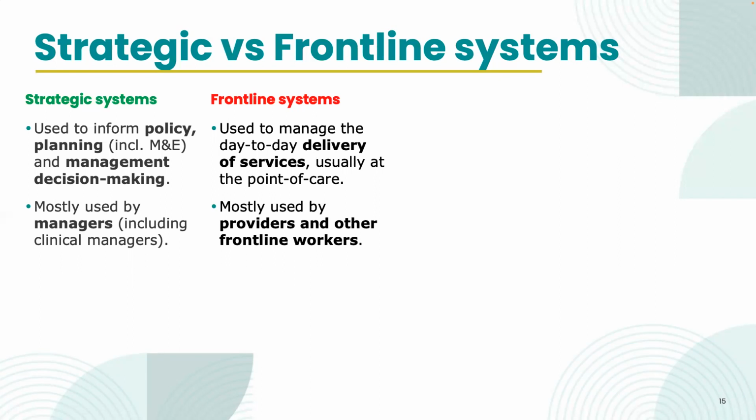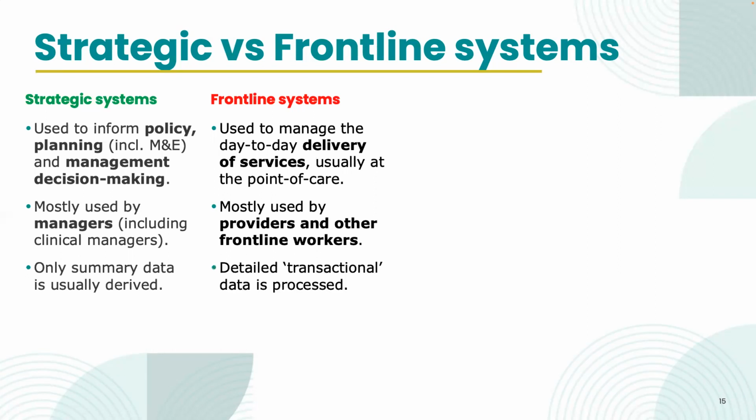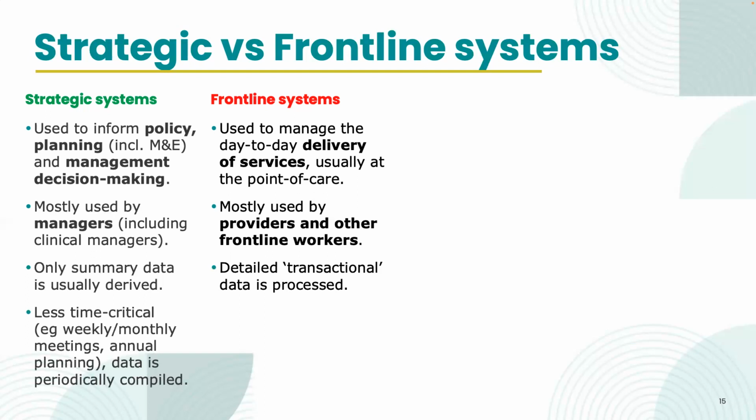So the implications of this are that for strategic systems, we normally only need to process summary data, aggregate data, whereas frontline systems normally process much more detailed transactional patient data. And even if it's not patient data, it might still be very detailed transactional data about accounts, or the level of data captured is much more detailed. The other point is that strategic systems are not as time critical.